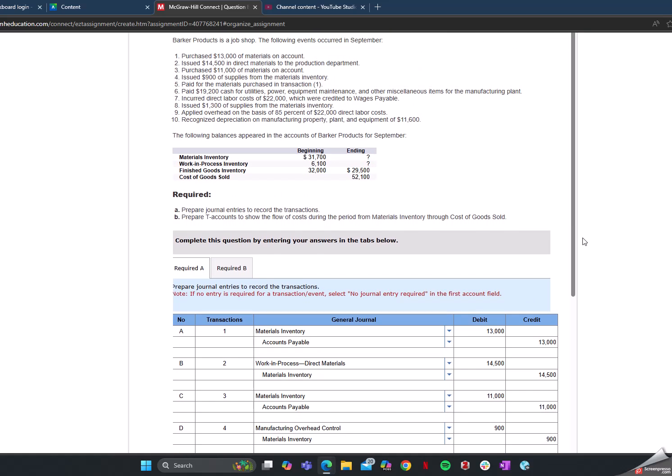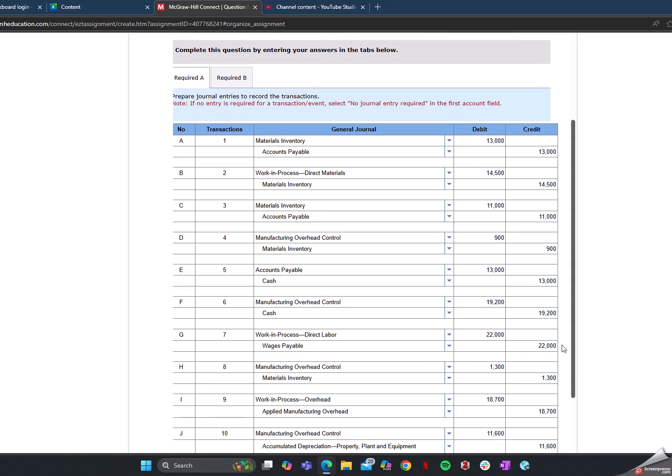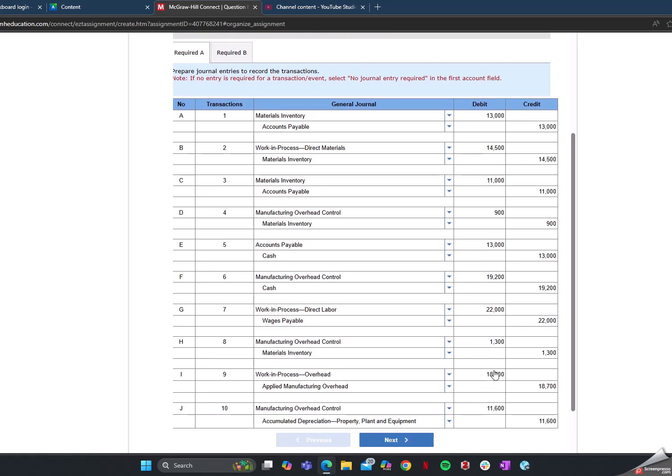Then we apply overhead on a basis of 85% of our $22,000 of direct labor costs. We calculate that out, and it ends up being $18,700. That goes into our work in process, overhead, and then it credits the applied manufacturing overhead. So actual costs go to manufacturing overhead control.